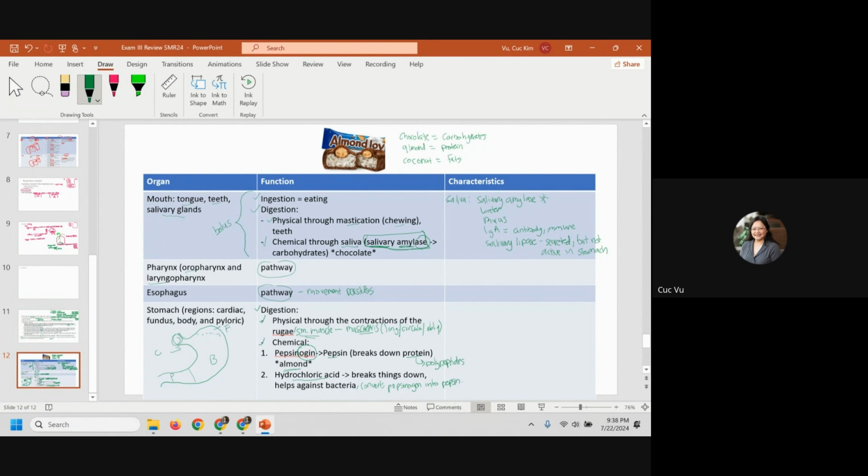It will also activate the salivary lipase. Then you also have gastric lipase.